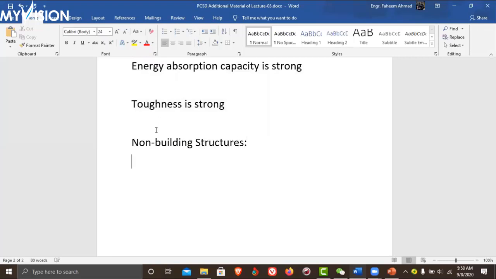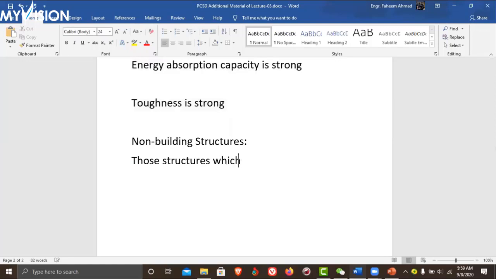Non-building structures are those structures which are not continuously occupied by the human body. Those structures which are not continuously occupied by the human body are called non-building structures.